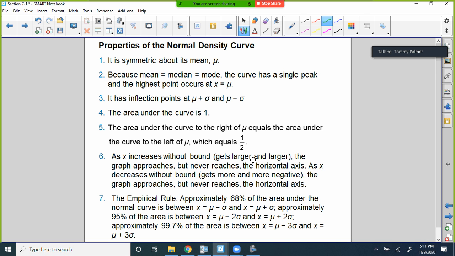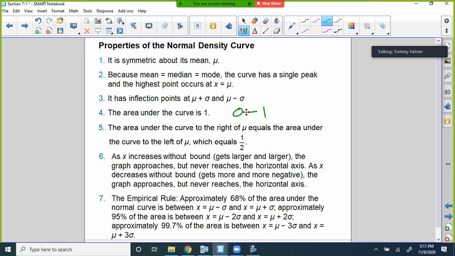The inflection points are the mean plus the standard deviation and the mean minus the standard deviation. The area under the curve is equal to 1, right? So we still have that 0 to 1 because it's a probability, or a proportion.